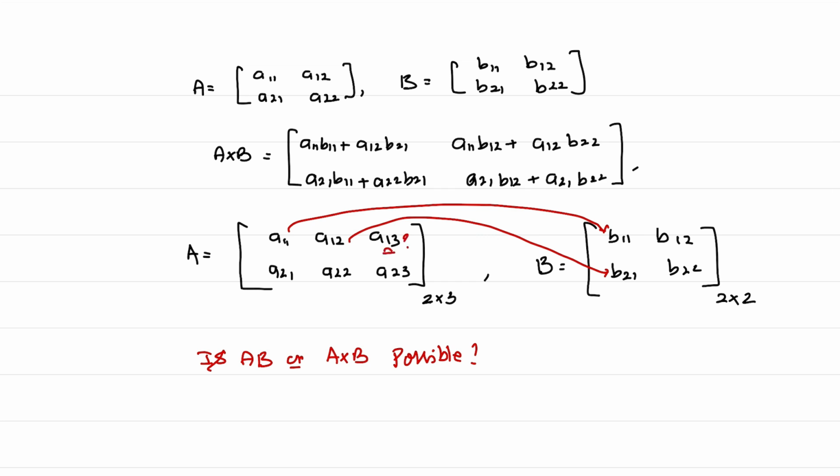There is no corresponding element in B for that, because here there are 3 columns, whereas here only 2 rows for multiplication. Hence, until and unless the number of columns in the first matrix is equal to the number of rows in the second matrix, you cannot do matrix multiplication.